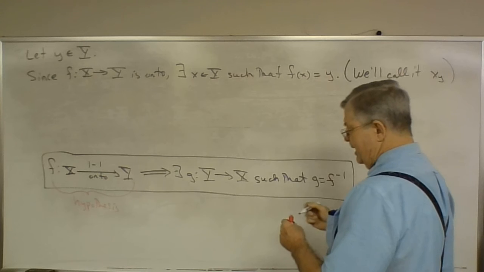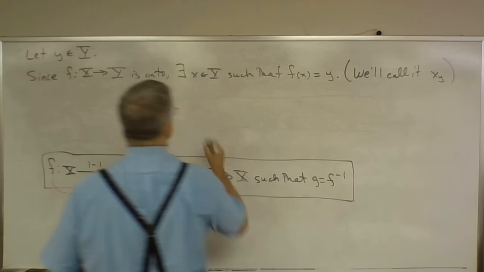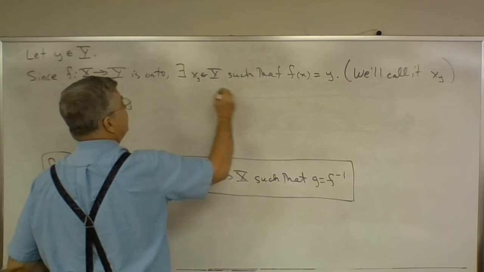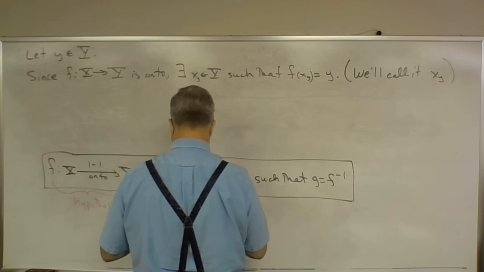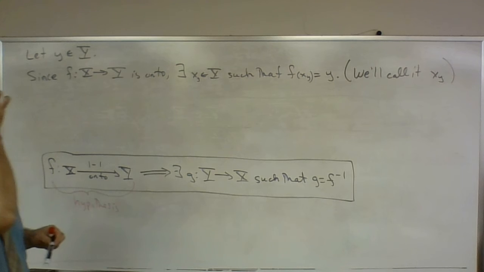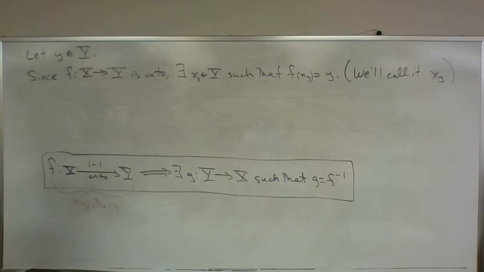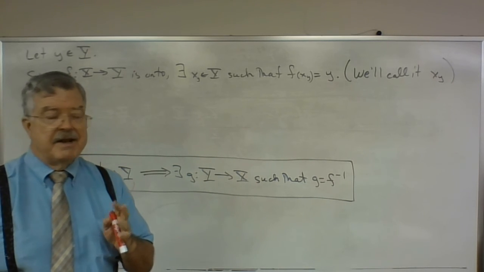And we'll call that element x sub y. Now, we've used the fact that f is onto, but we haven't used the fact that f is 1 to 1. But we're going to do that right now.